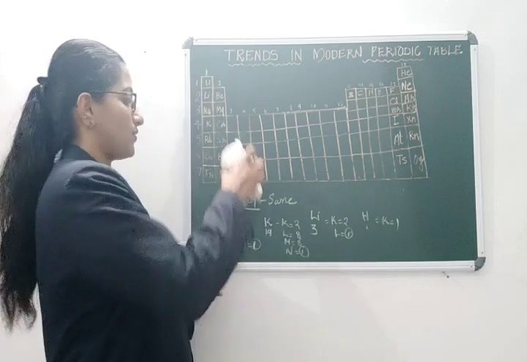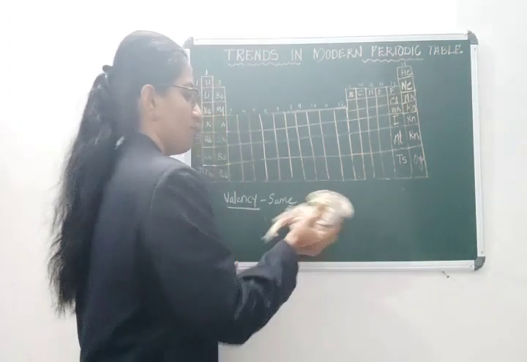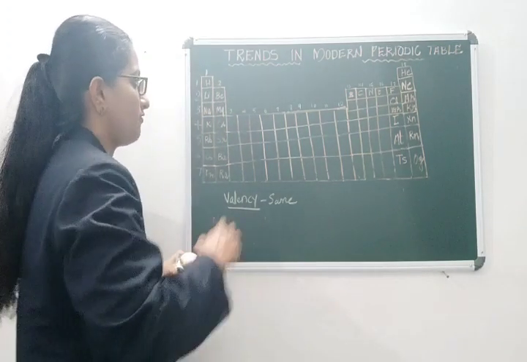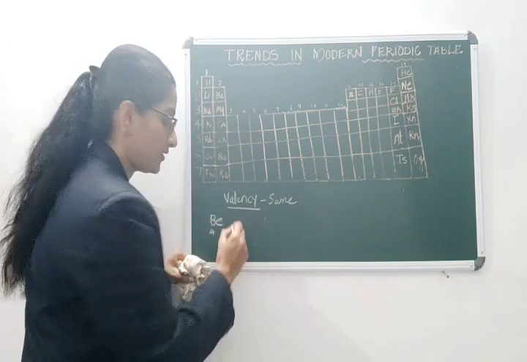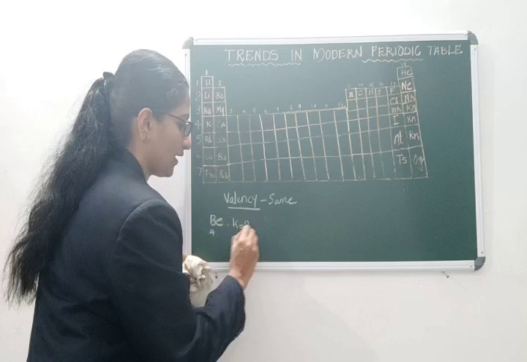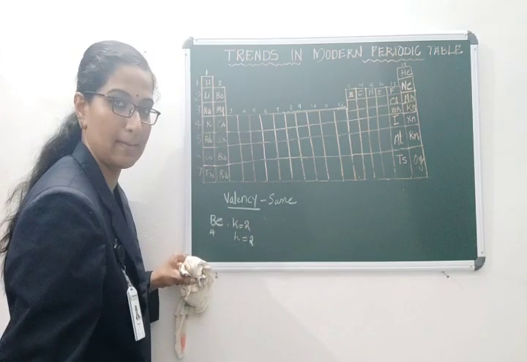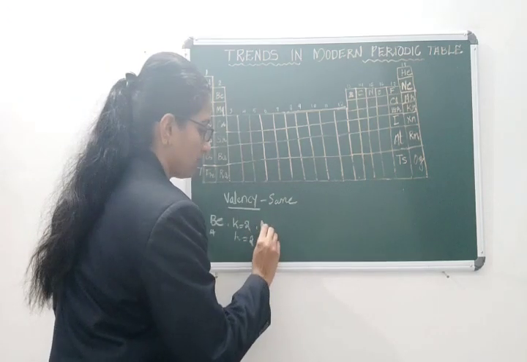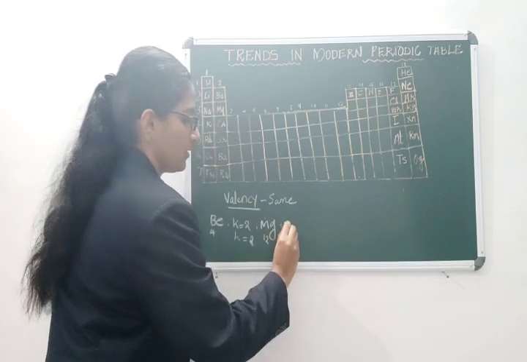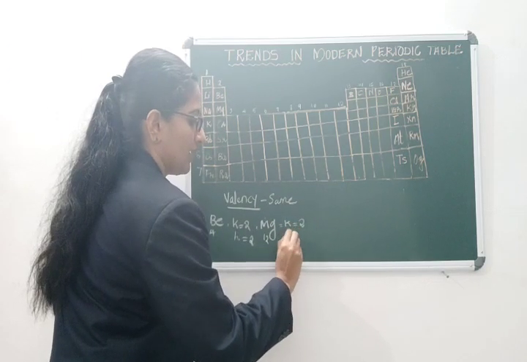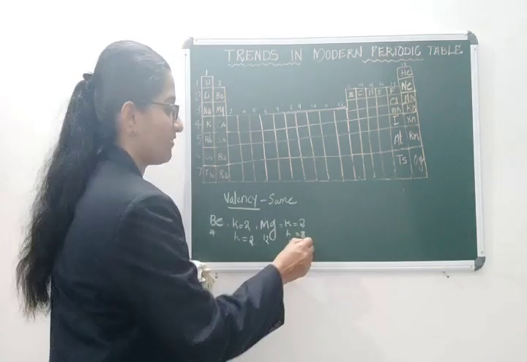So what happens to the second group? If you take beryllium with atomic number 4, K is equal to 2, L is equal to 2. The valency is 2. If you take magnesium with atomic number 12, K is equal to 2, L is equal to 8, M is equal to 2. 2 is the valency.